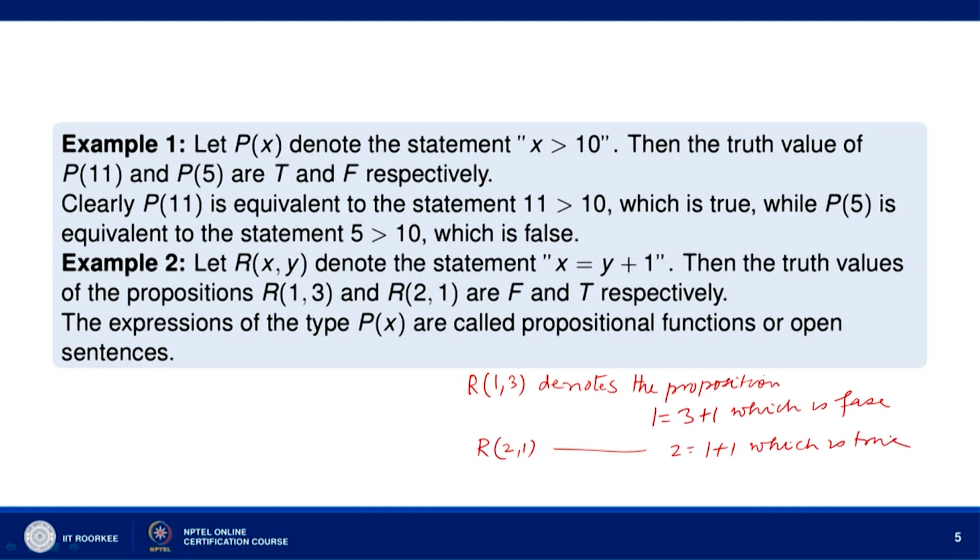So, the value of the proposition r(1, 3) is F, and the value of r(2, 1) is T.